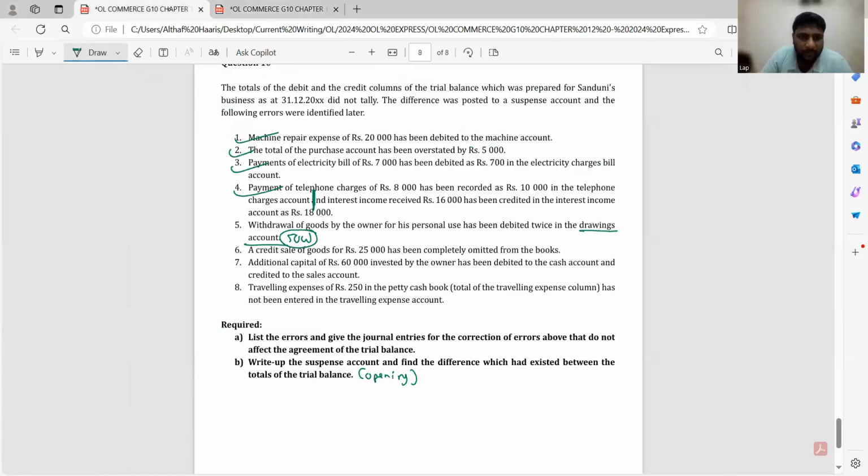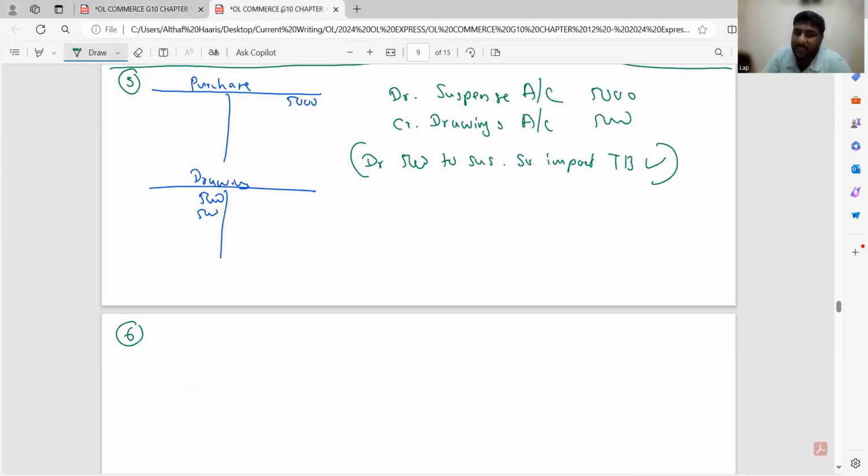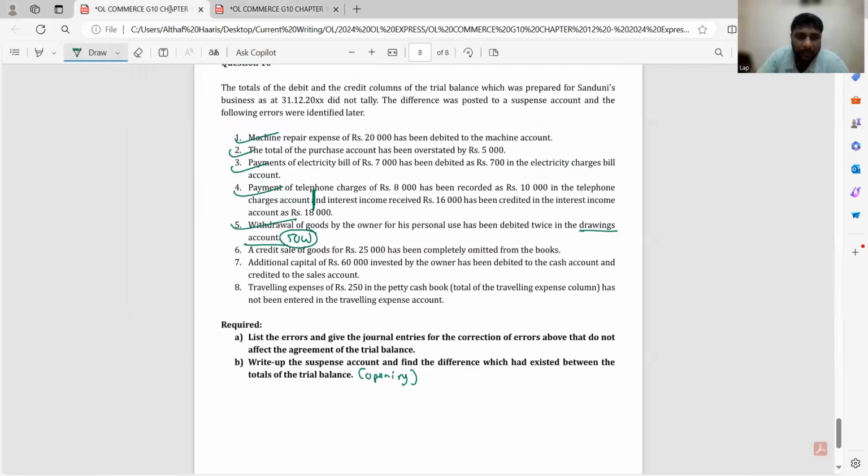Sixth one. A credit sale of 25,000 has been completely omitted. If it is completely omitted, what is the correction, people? Completely missed. Simply record it, people. 25,000.